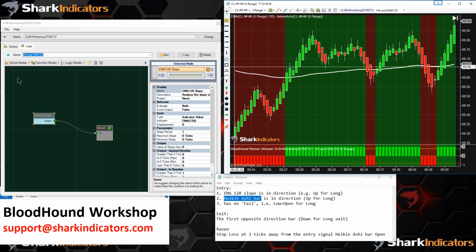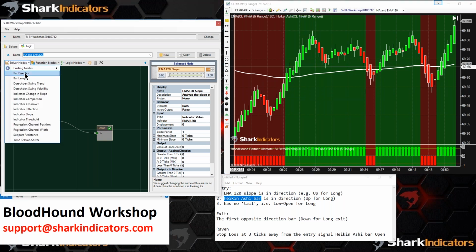So when we go to our solvers list, we can't use the bar direction because this chart is not a Heiken Ashi chart. It's a 5-range chart. Right? So if we use the bar direction, it'd be the bar direction of the 5-range bar, not the Heiken Ashi indicator.